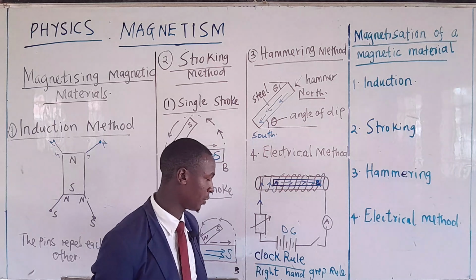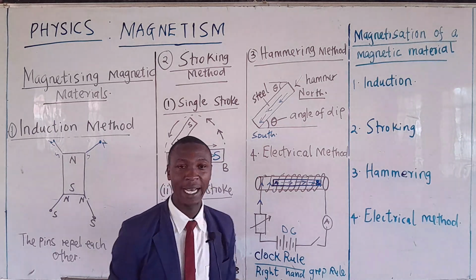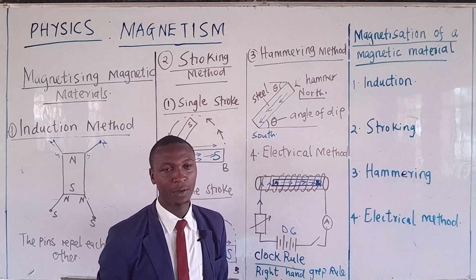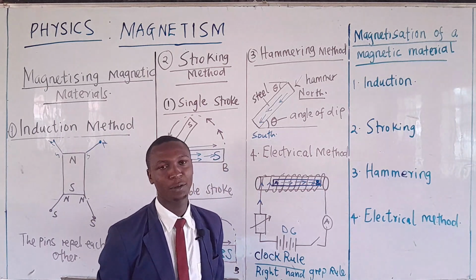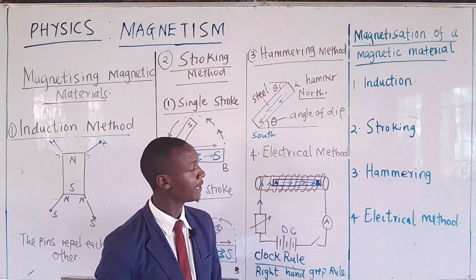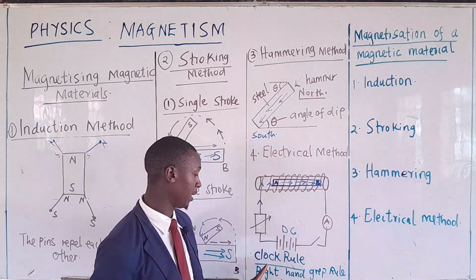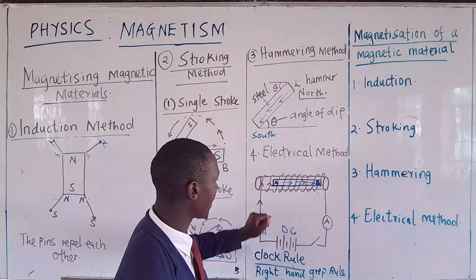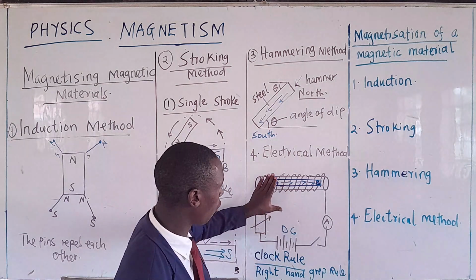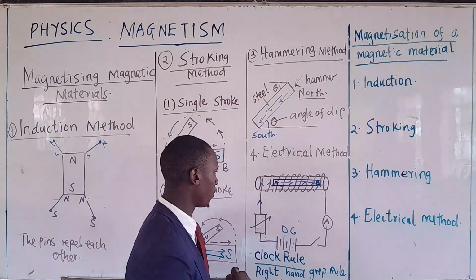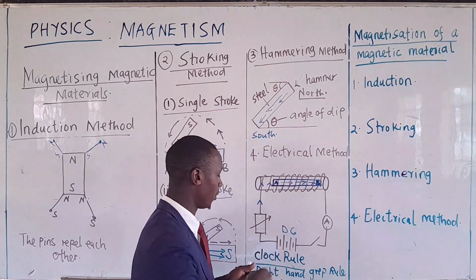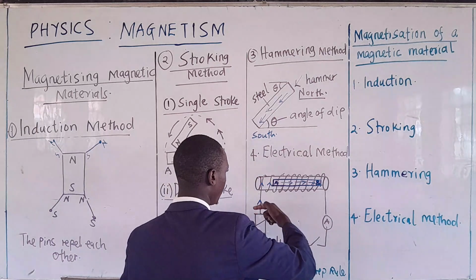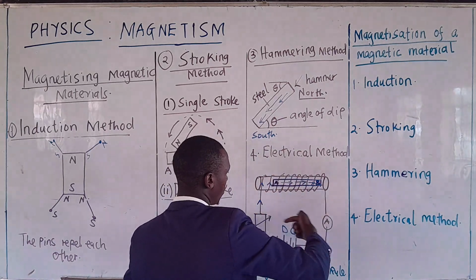Now, for us to do that, we use the clock rule and the right hand grip rule. The two rules help us understand how to state the polarities of our bar. The clock rule states that if you face the coil, whatever end you can see, the end of that pole is the south if the current is in the clockwise direction.